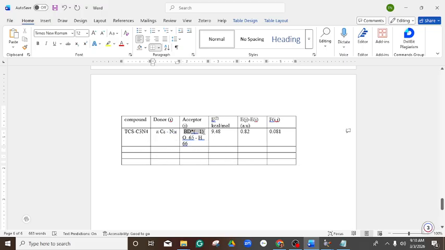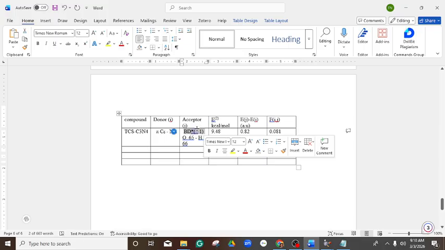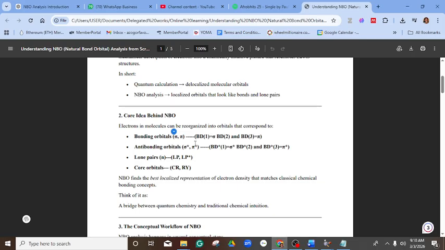Then for your acceptor region, you have BD antibonding 1 in the bracket, which is a sigma bond. I don't have a sigma bond in my equations, so I'll just copy from this file and paste it.